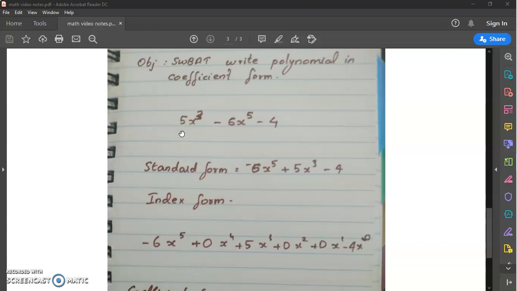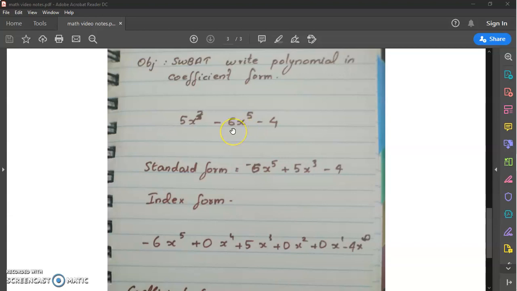So the polynomial that I've written over here is 5x cube minus 6x raised to 5 minus 4. I'm going to repeat that polynomial one more time: 5x raised to 3 minus 6x raised to 5 minus 4. How do we write the standard form? What was the easy method that I taught last time?